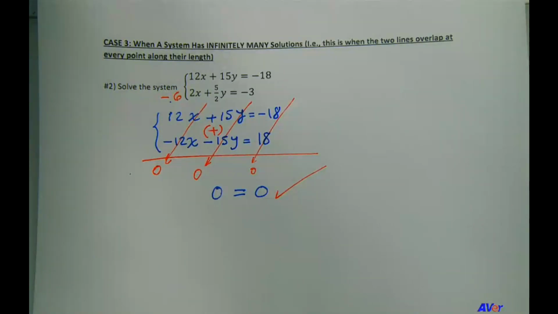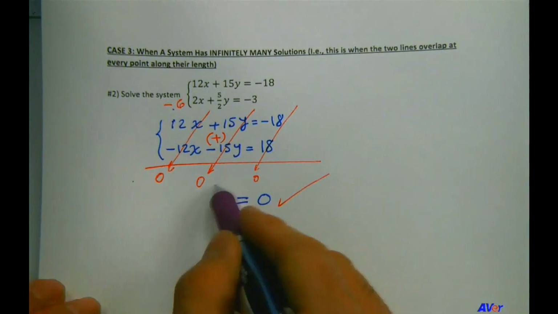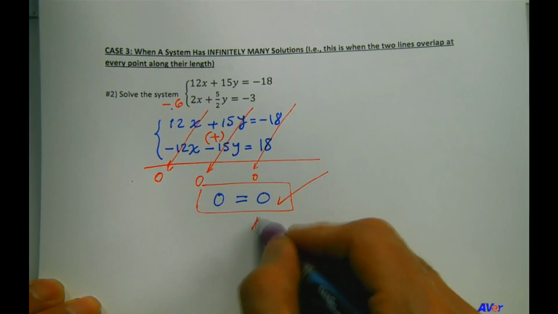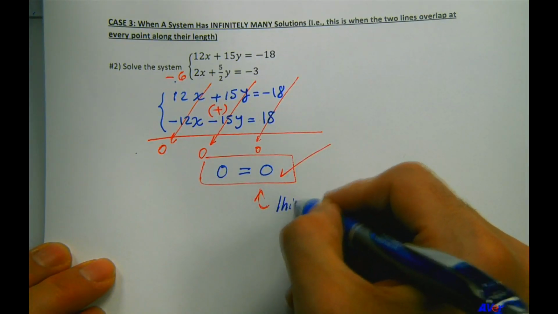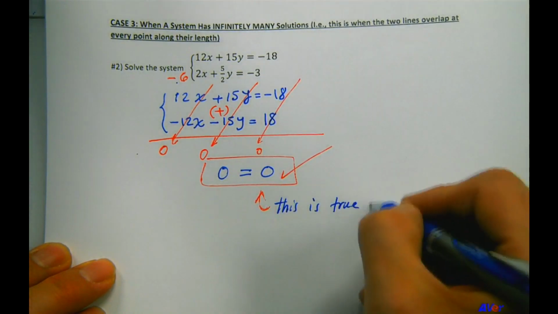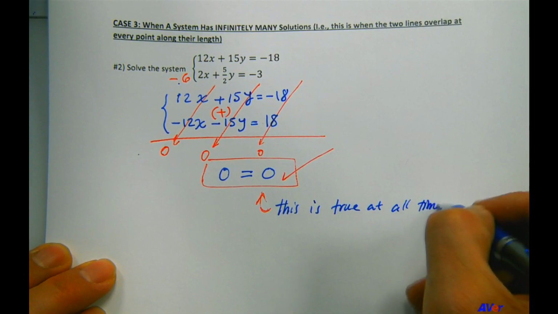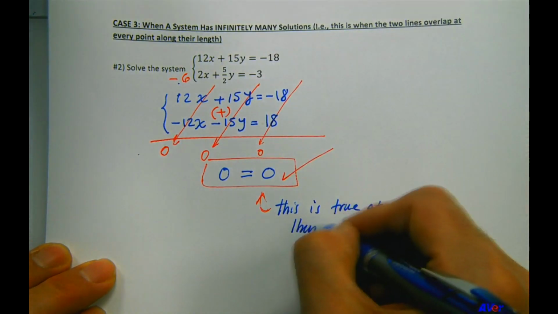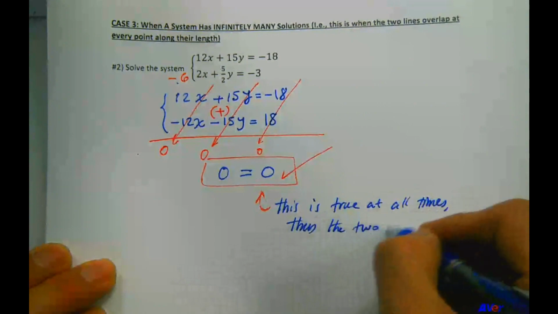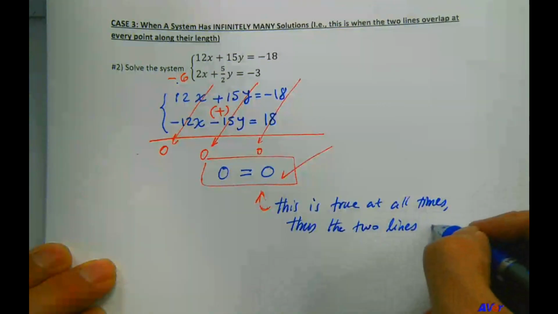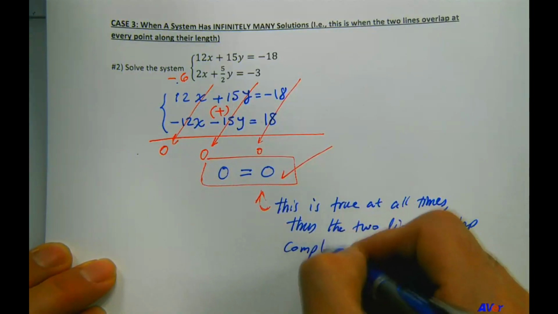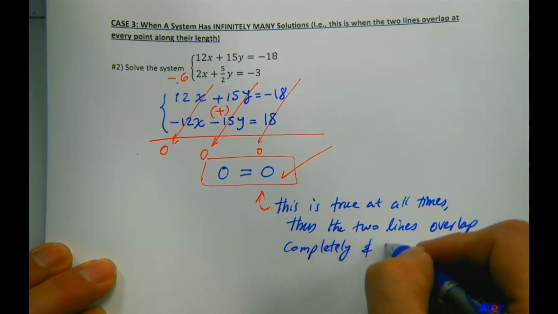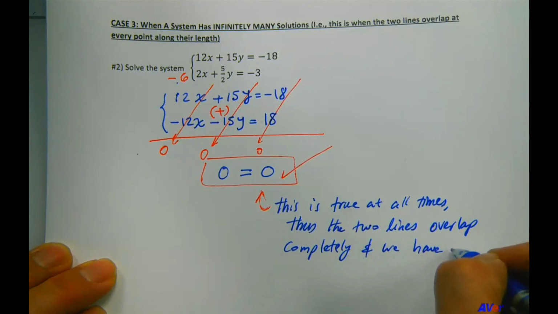just one line. As a matter of fact, we can just go to the computer, but before we do that, let's conclude this result and say that this is true at all times, thus the two lines overlap completely, and we have infinitely many solutions.